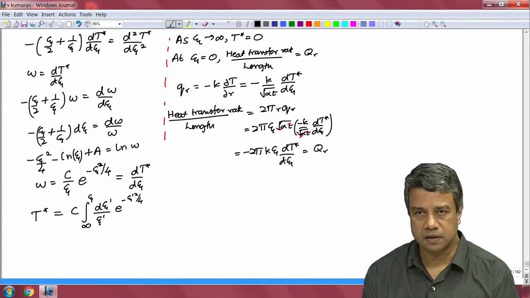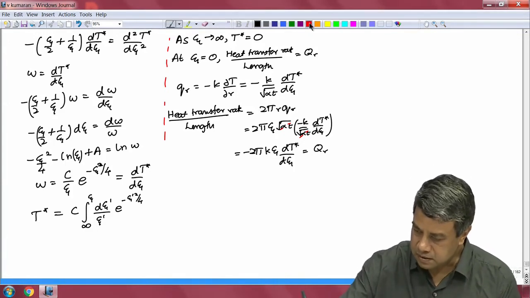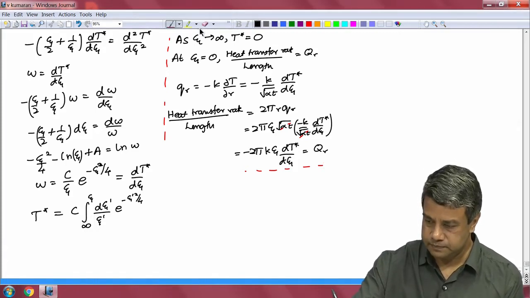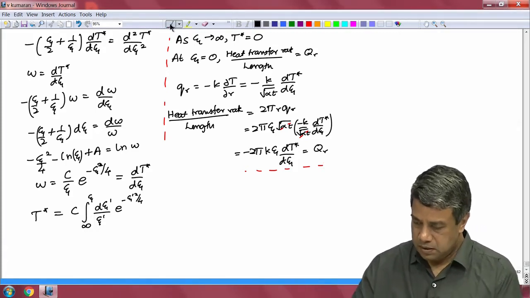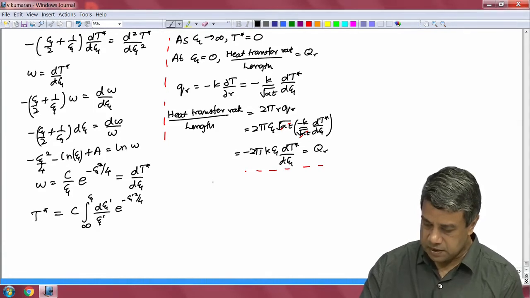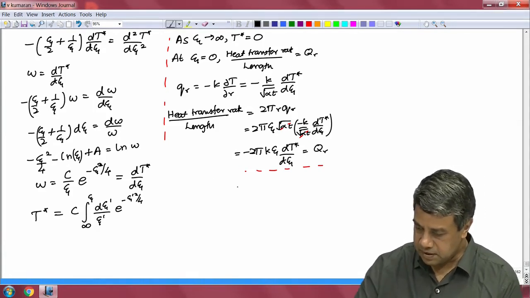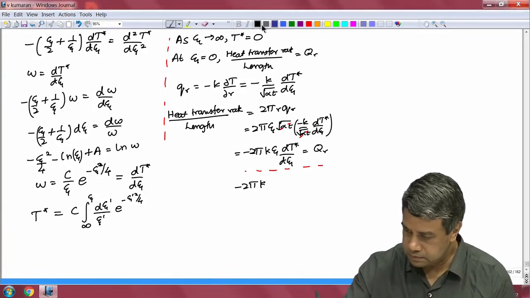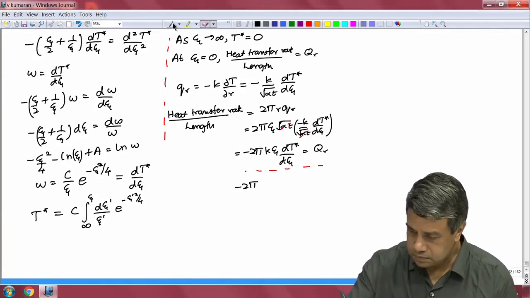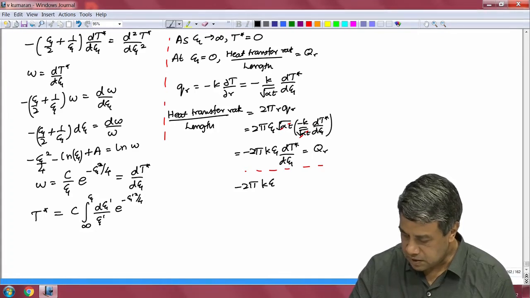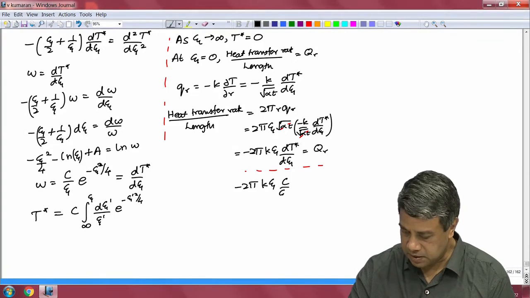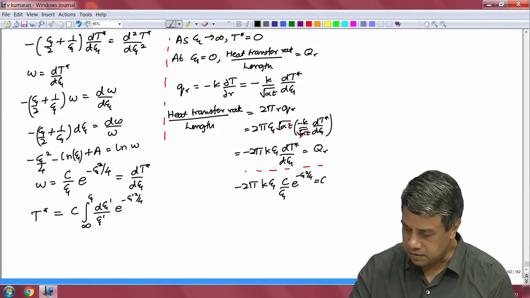How do we determine the constant? From this condition. From this condition we know what dT by d psi is, we just substitute that here: 2 pi k psi, into dT by d psi, which is C by psi e power minus psi square by 4, is equal to qr.